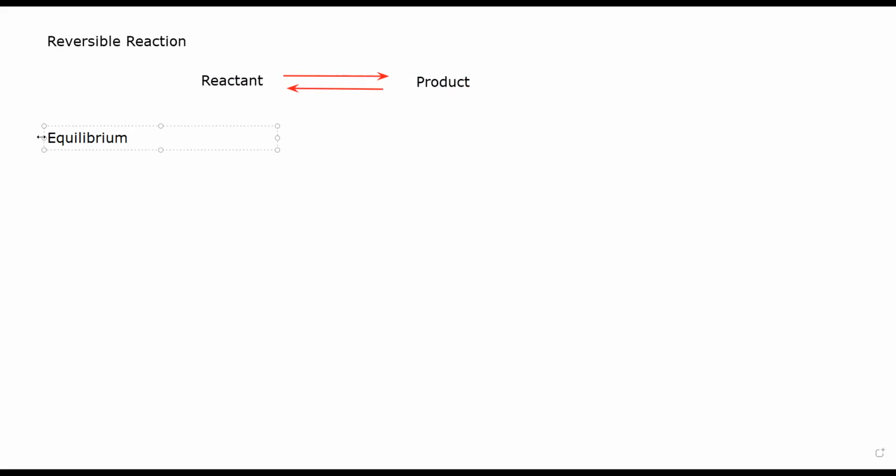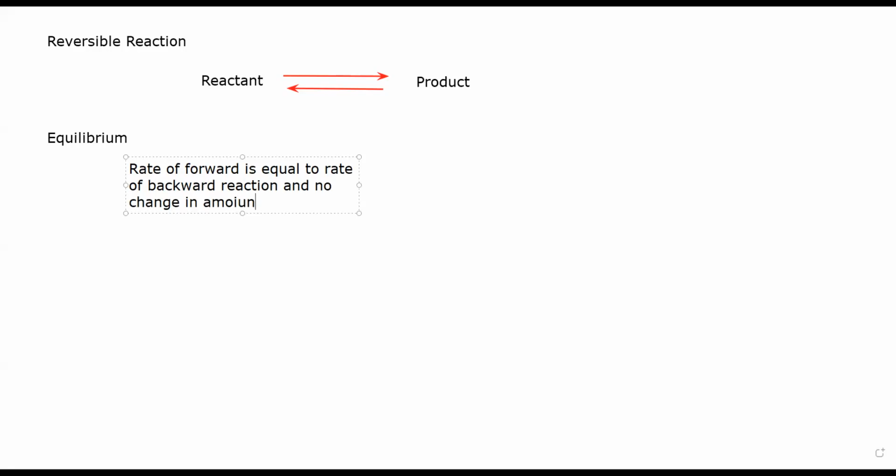So the term equilibrium means the rate of forward reaction is equal to the rate of backward reaction and there is no change in the amount of reactant or product.